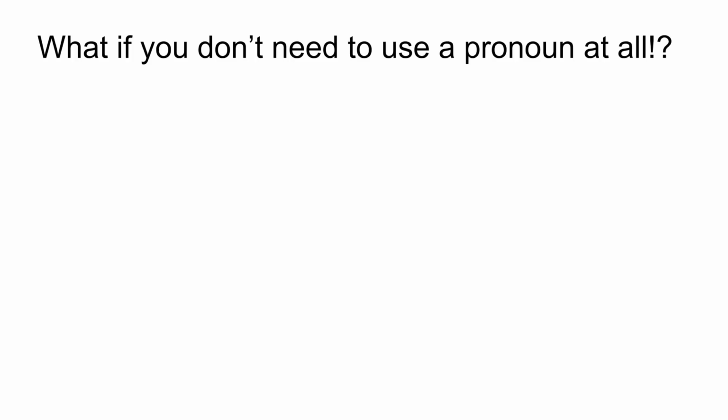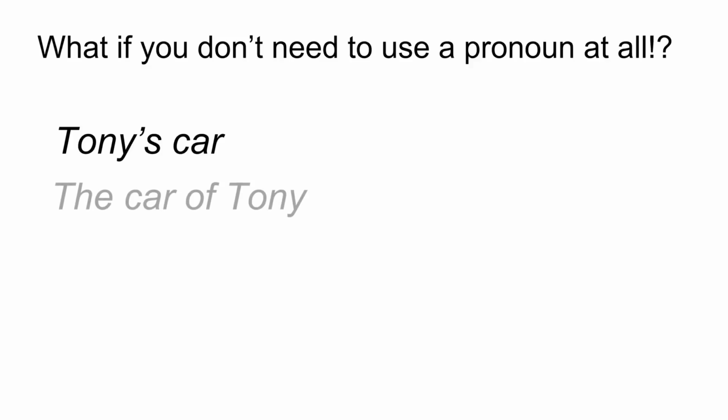What if you don't need to use a pronoun at all? Maybe you want to use someone's name, such as Tony. Maybe it's Tony's car. You can't use mi and tu and su. You need to use the name Tony, an apostrophe S. This is how you have to do it. Reword it. The car of Tony.